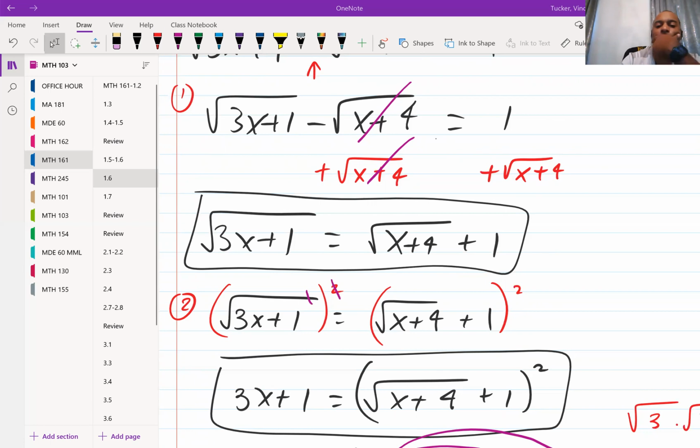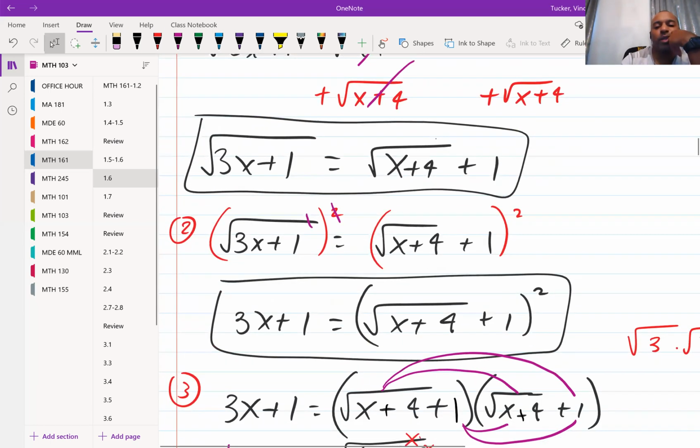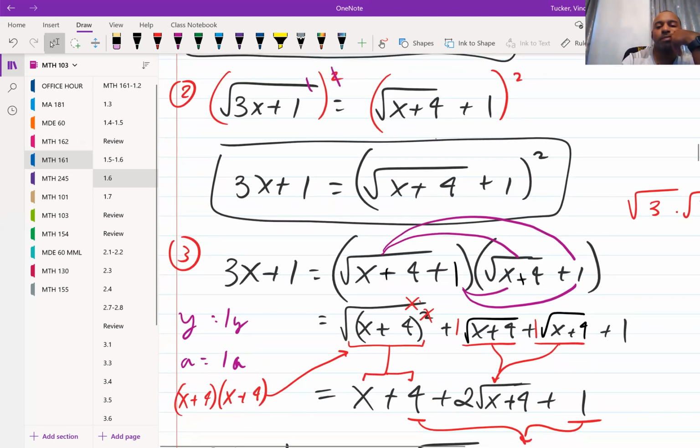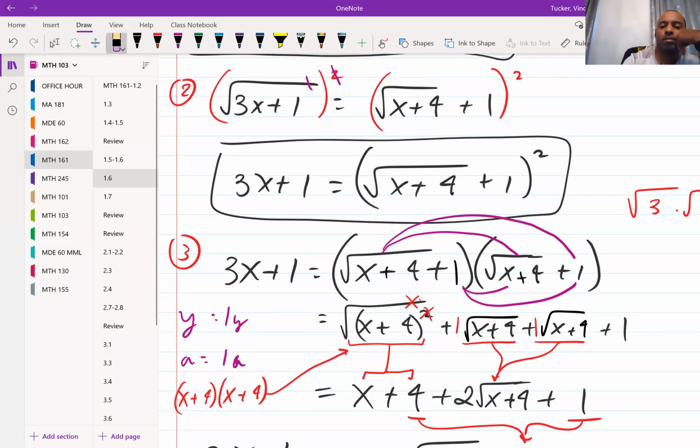All right. Just like before, we will expand this right side by foiling it out. So don't forget, whenever you're multiplying radicals, you just multiply what's under the radicals. So for that first multiplication, you have the square root of x plus 4 times the square root of x plus 4.